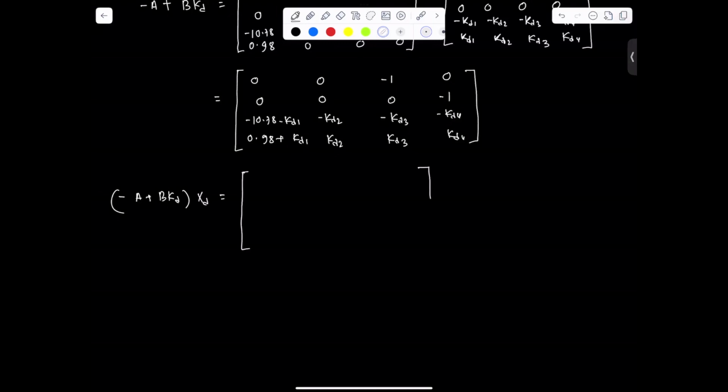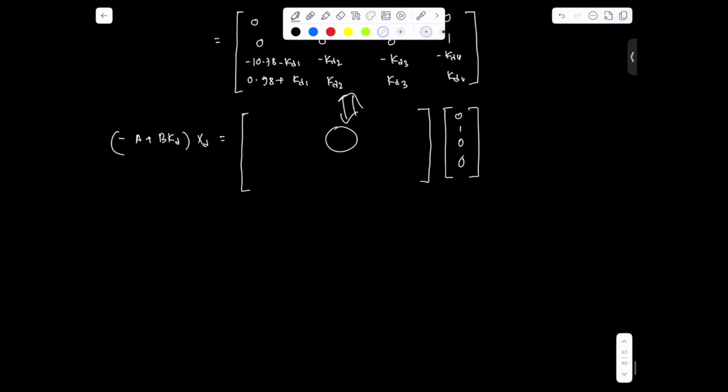XD is given to us as 0, 1, 0, 0. This is the desired state, and this matrix should be the same as this. So if you multiply, we are getting 0, 0, minus KD2 and KD4.